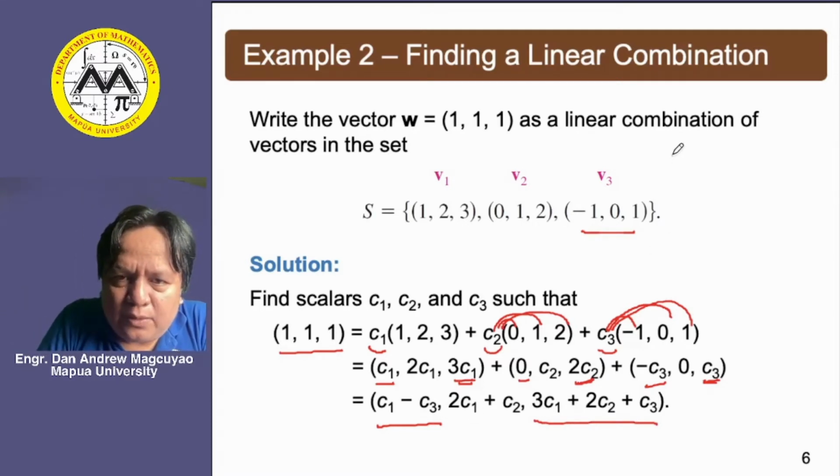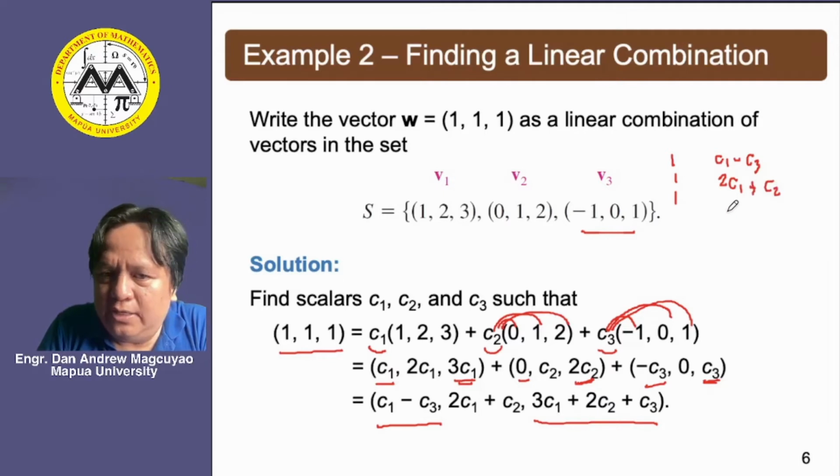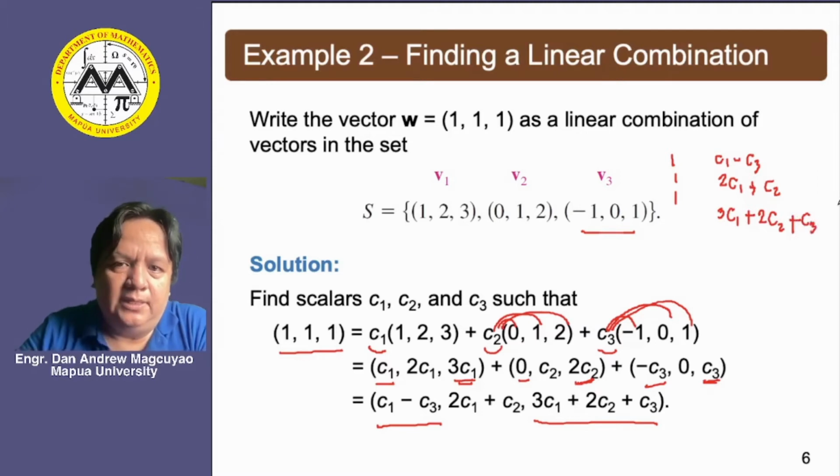So we can say that we have (1, 1, 1), and then 1 is equal to c1 minus c3, while 1 is also equal to 2c1 plus c2, and 1 is also equal to 3c1 plus 2c2 plus c3.